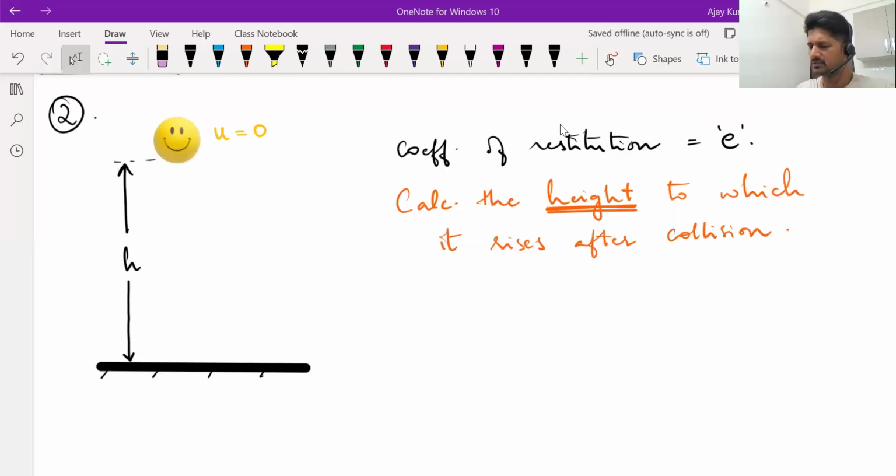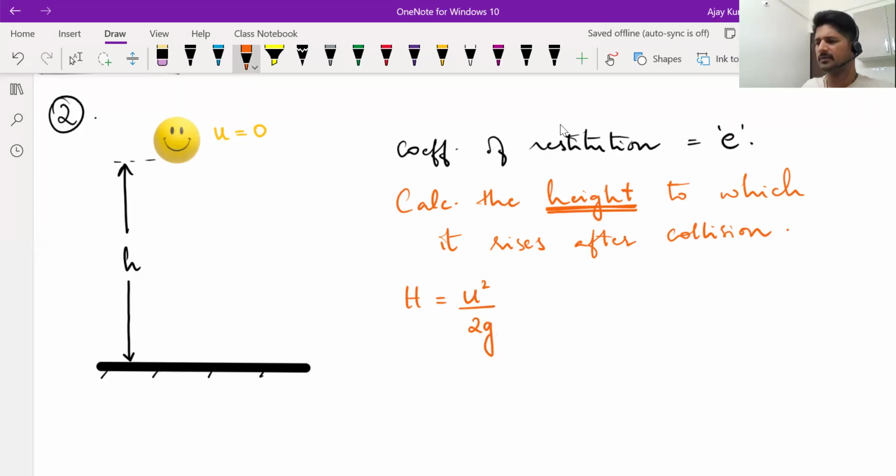Okay, Vanilla, what's the formula for H max when an object is projected vertically upward? u square by 2g, sir. Okay, that is correct.